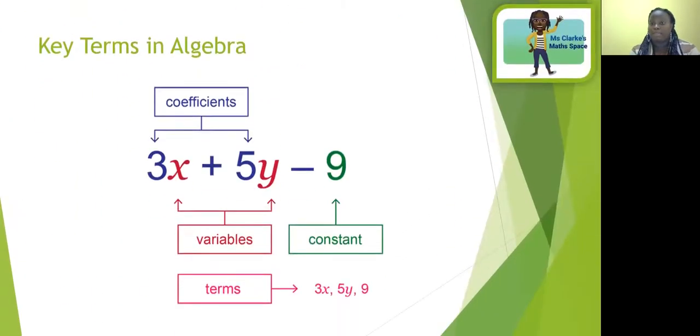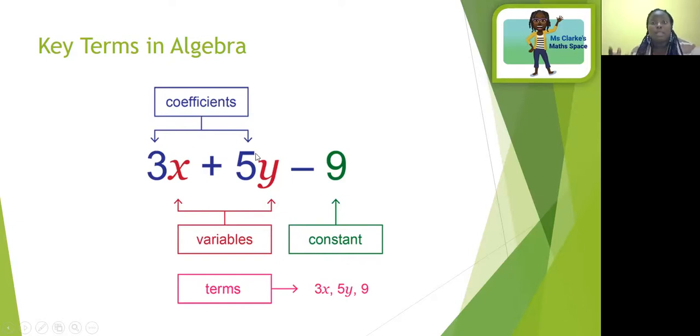Some more key terms in algebra. So sometimes we would see some variables, such as the x and y in dark pink, combined with the coefficients, which is in blue, the 3 and the 5.